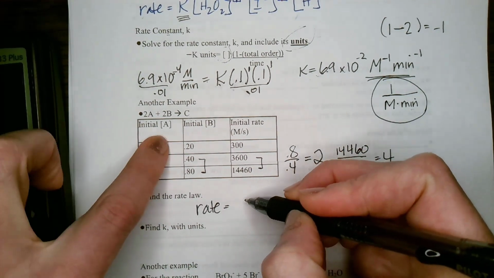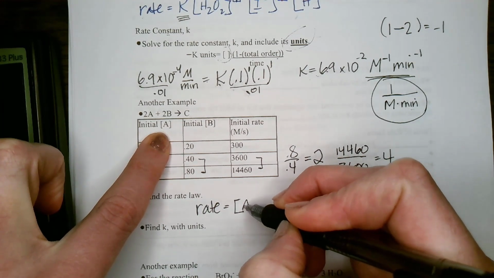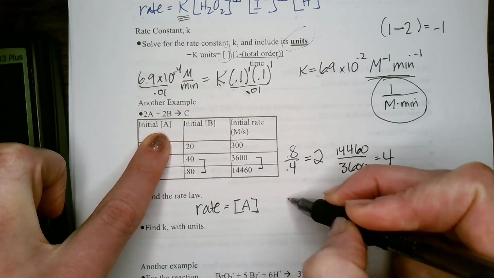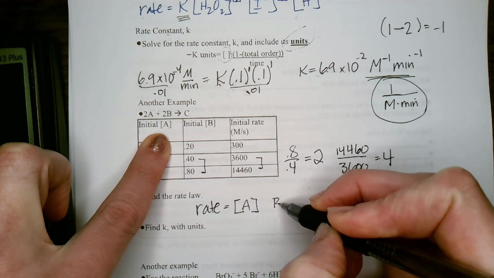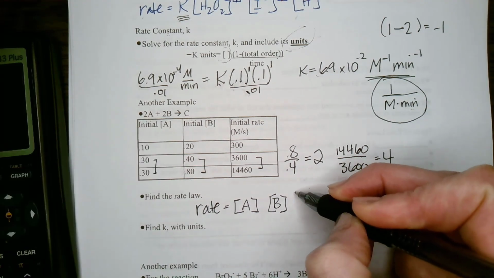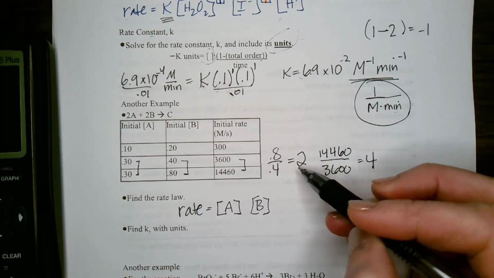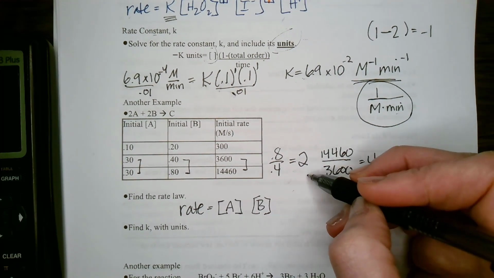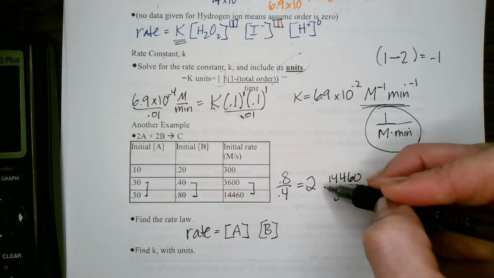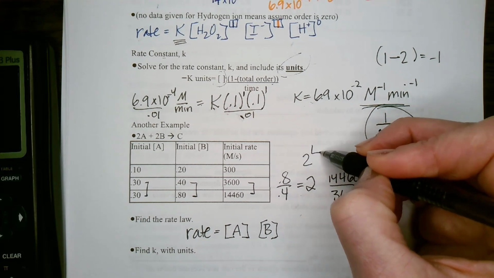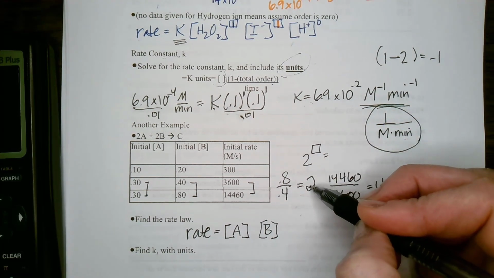So when I'm writing my rate law, I'm going to say that my rate is equal to, I know I'm going to have my A to some power and B to some power. And when I'm looking at B here, we need to figure out what that power is.